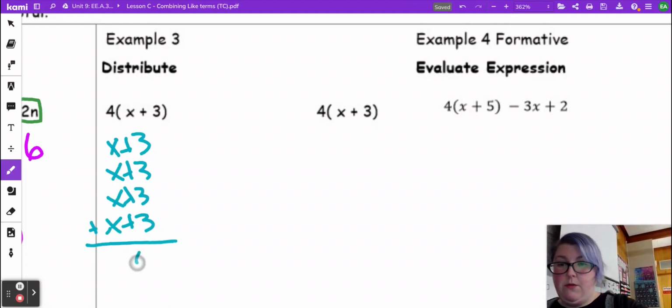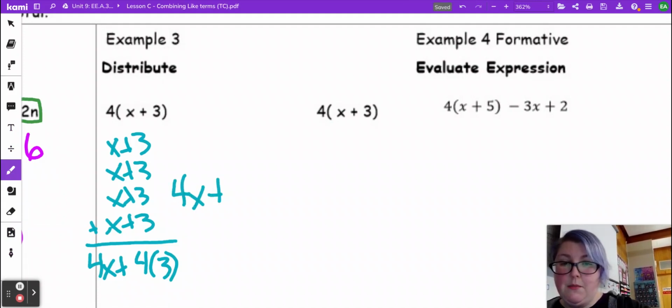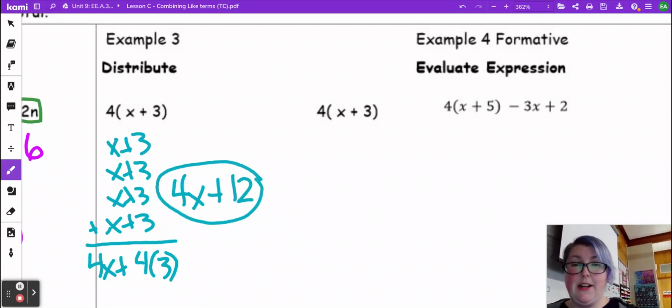So 4 times 3 and 4x are our two terms that come out of this. So there are 4 x's, there are 4 3's. We can simplify this as 4x plus 12 is our expression.